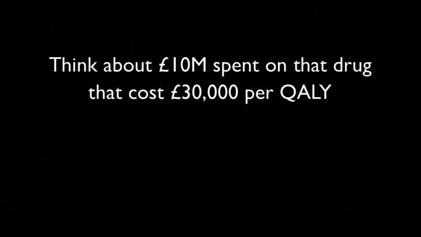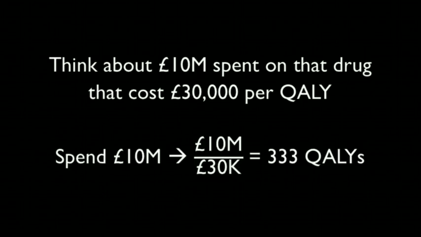Let's think about how many quality adjusted life years could be purchased with £10 million if the cost of one quality adjusted life year was £30,000, or if we were only buying drugs where the price was £30,000 per quality adjusted life year. So think about £10 million spent on that drug. If you spend £10 million on that drug, then you could buy 333 quality adjusted life years.